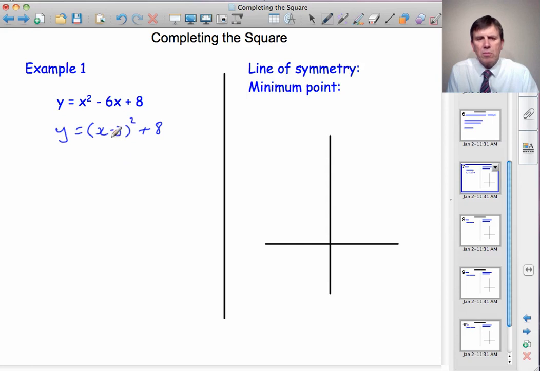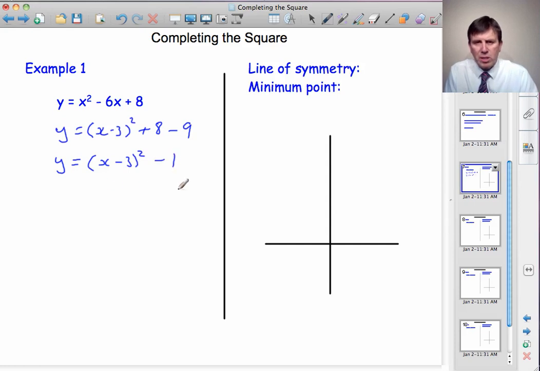Now introducing minus 3 in that bracket brings in a term minus 3 squared, which is plus 9, that we don't want. So we need to subtract the 9. And that will always be the case, carrying out a subtraction at that point. So y is equal to x minus 3 all squared, and plus 8 minus 9 is minus 1.